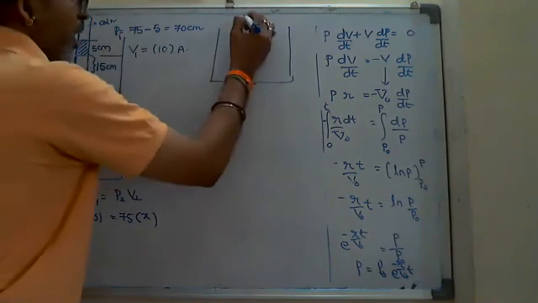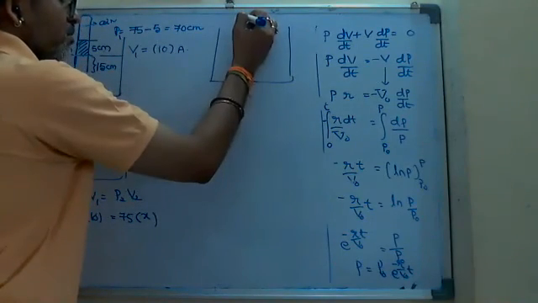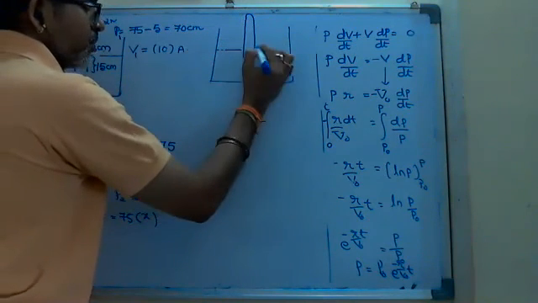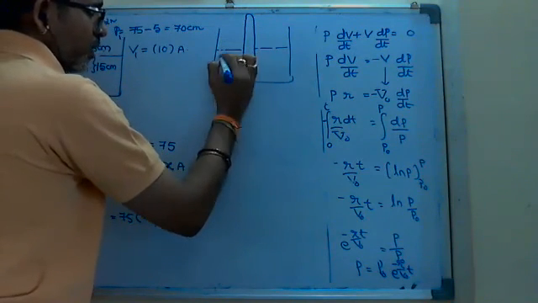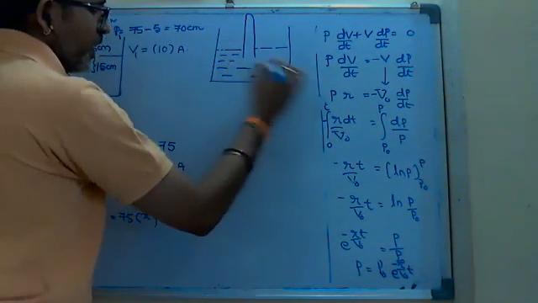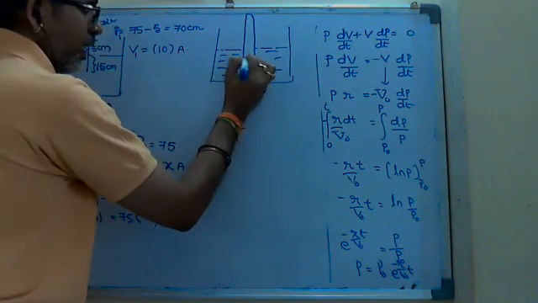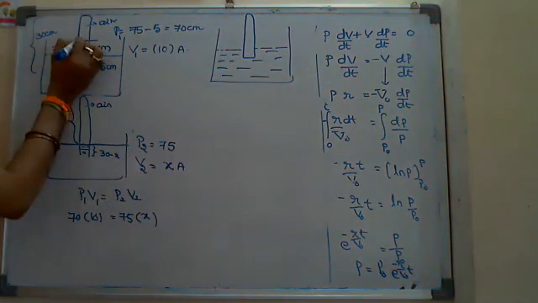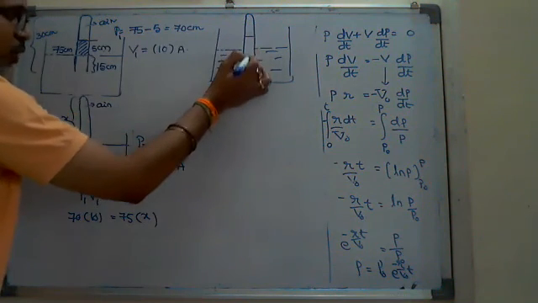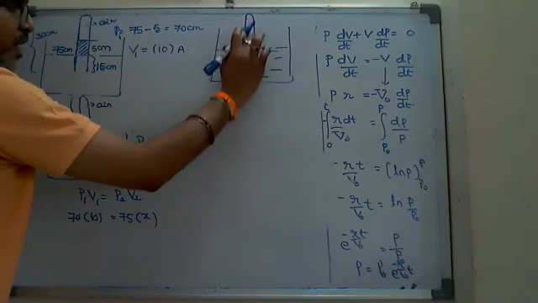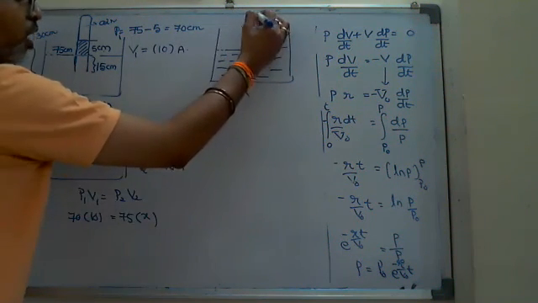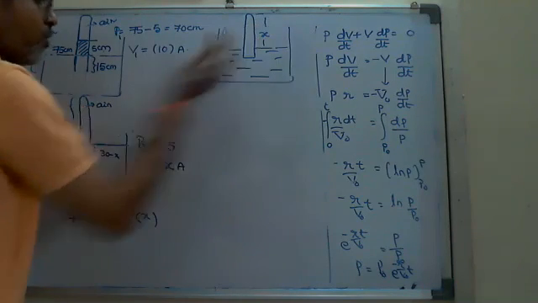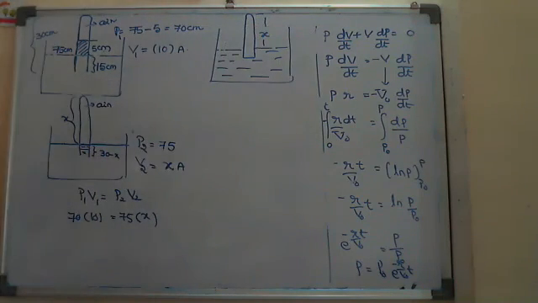It is lifted up like this, so that there is no mercury inside the tube. The total part drops to here, the mercury level, whatever was initially taken from here to there. Then at that instant, what will be the length of air or what will be the lift?